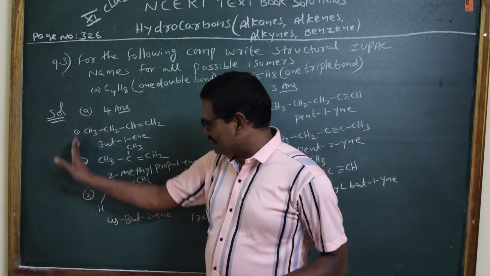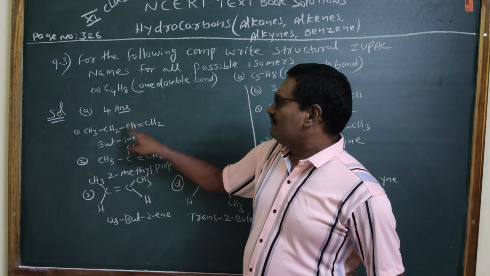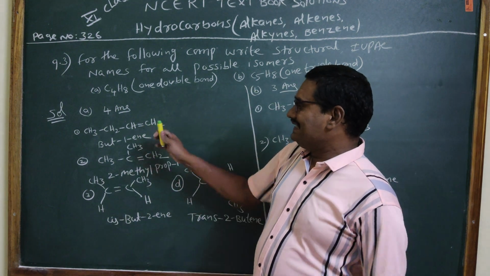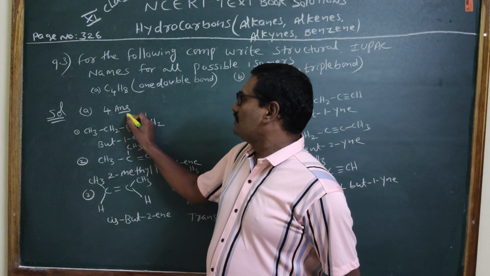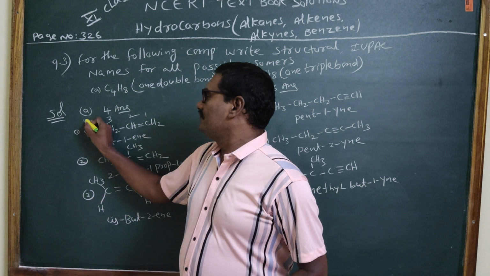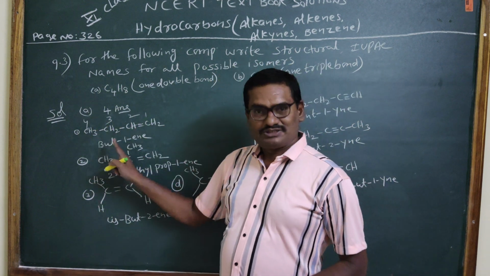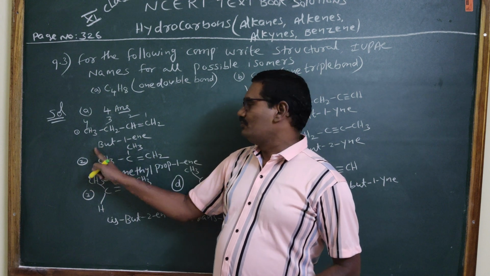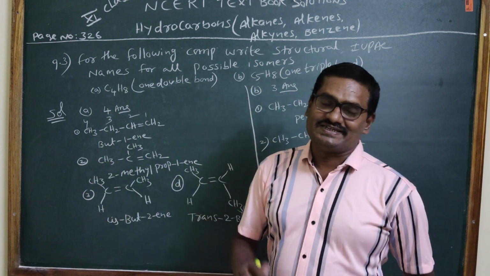The four structures are, first, place the double bond at the first position; the numbering is 1, 2, 3, 4. So four carbons with the double bond at the first position in the alkene: but-1-ene, the first structure.